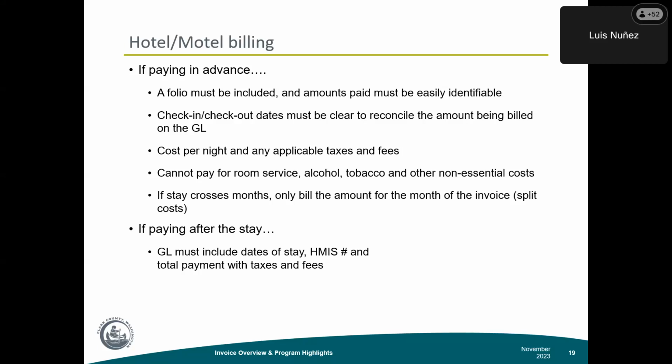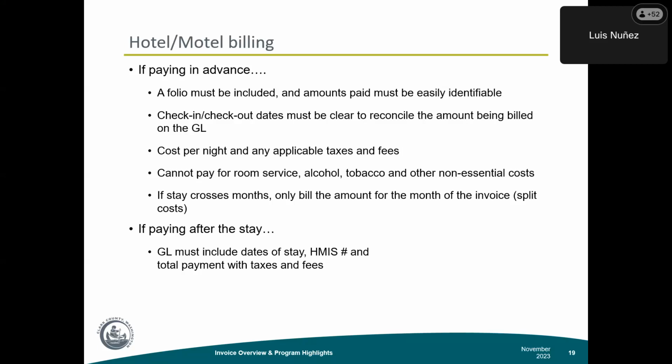The check-in and checkout dates need to be clear, and we need to make sure that they match the nights that are on the general ledger. The cost per night and any applicable taxes and fees will be included on the GL. We cannot pay for any room service, which includes alcohol, tobacco, or any of the other non-essential costs that are possibly incurred during this stay. So we can only pay for the nights and the taxes and fees.